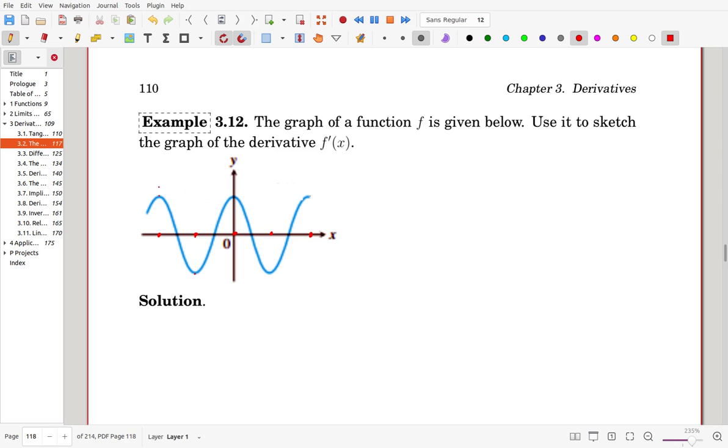Okay, so we can separate out the regions in this way. Okay, here, and we have this one, and here we have this. For each sub-region, this is increasing, which means the slope is positive, so the slope is positive and becoming 0.